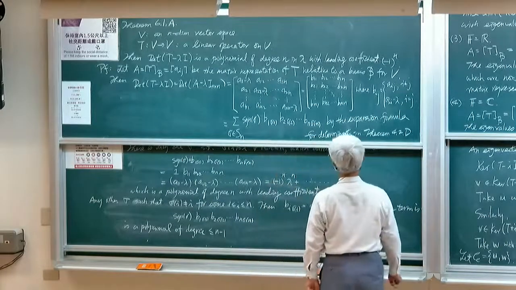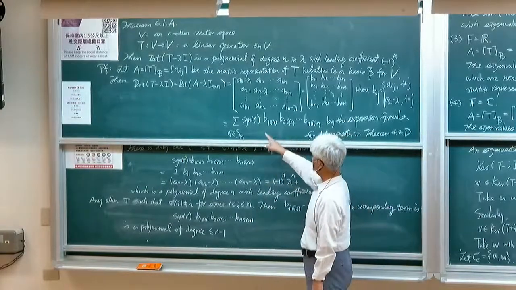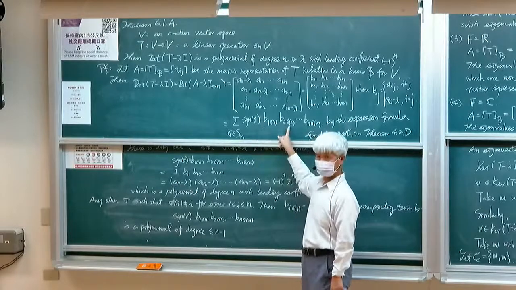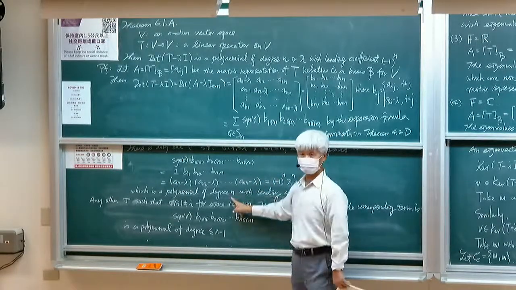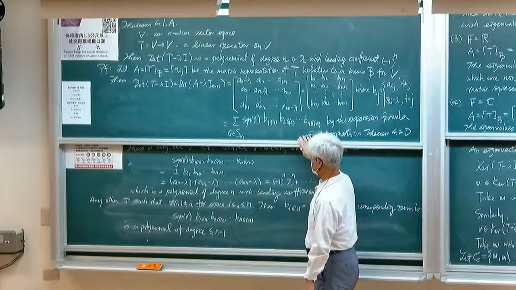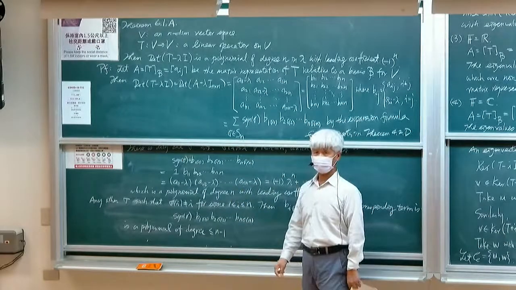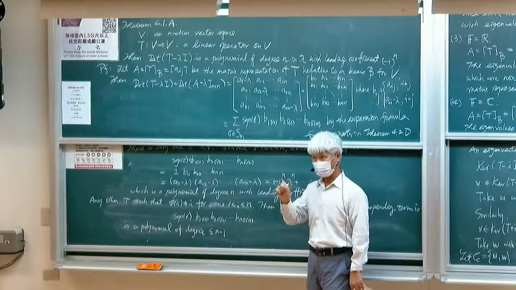Okay, so now we go back to here. In the n factorial terms, there is one term of degree n, and the other terms are polynomials of degree less than or equal to n minus 1.